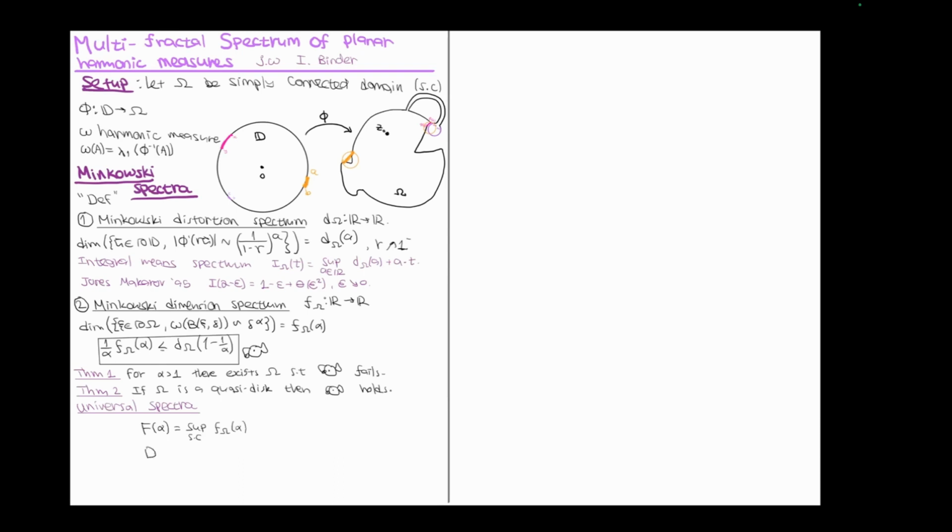And the universal distortion spectrum is going to be again the supremum over all simply connected domains of d omega of A. Now, instead of looking at general quasi-disks, I want to look at a specific subclass which relates to symbolic dynamics.